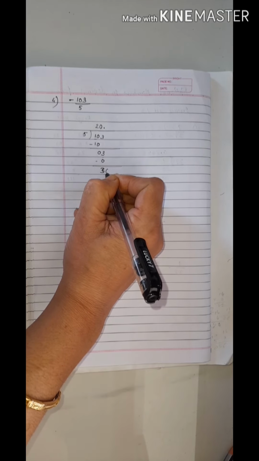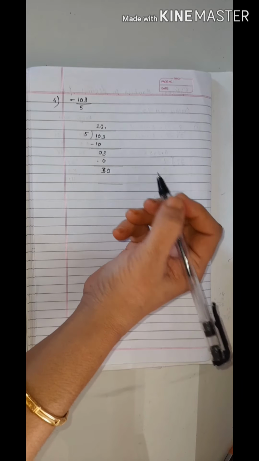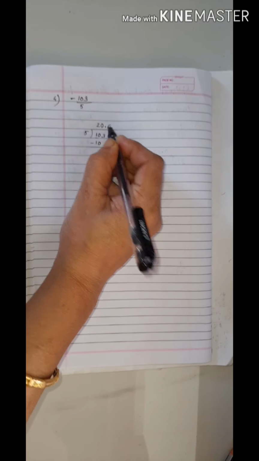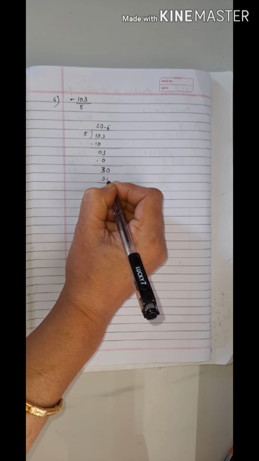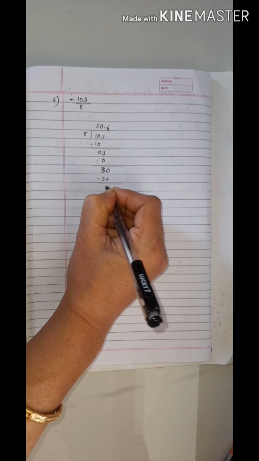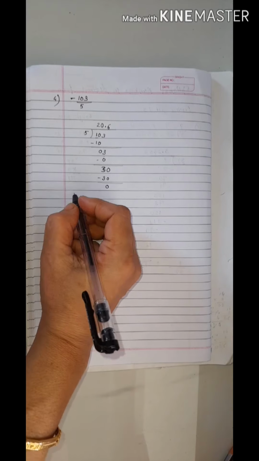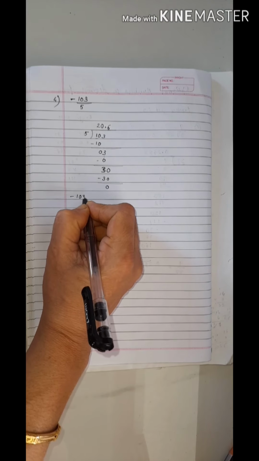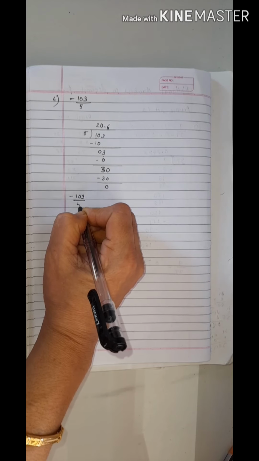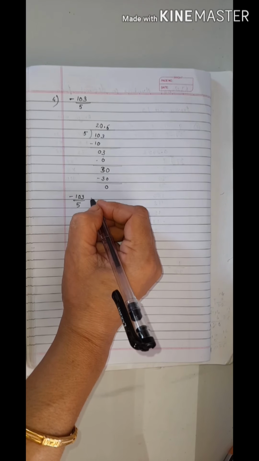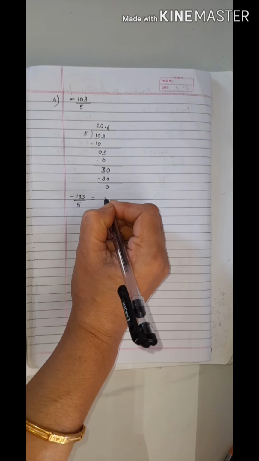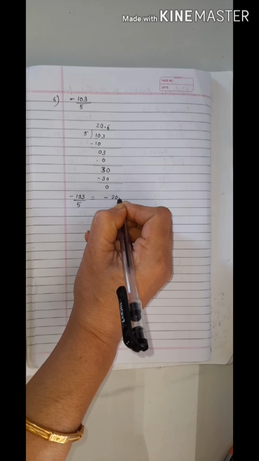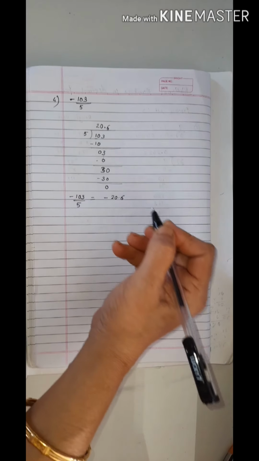When you put a decimal point, you can add a 0. Now 5 6s are 30. So you got the remainder as 0. That means what will be the answer? Minus 103 divided by 5 is equal to minus 20.6. This is the answer.